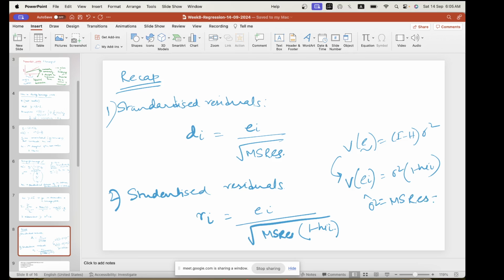So we learned about standardized and studentized residuals, and we also learned their relationship, that Ri is usually greater than di. Okay, because this denominator is smaller. So Ri, studentized residuals, are usually larger than standardized residuals.